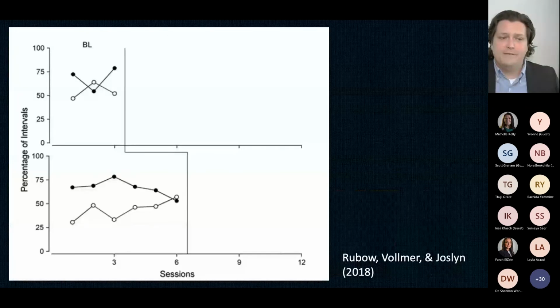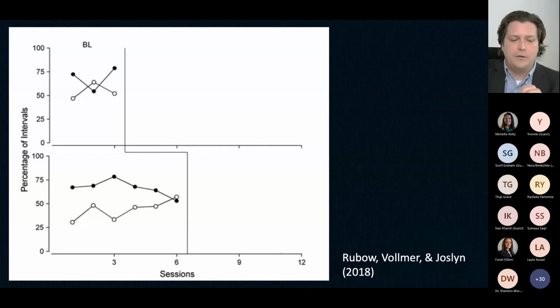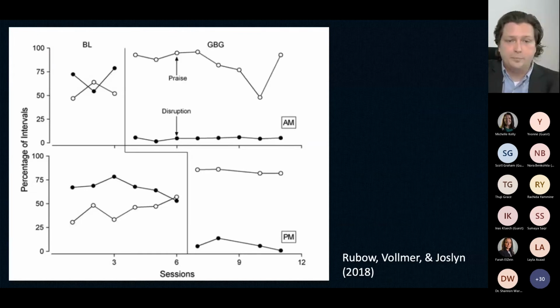And just to show you a little bit of data, so you don't have to take my word for it, the graph that I have up here now shows a study that I conducted with colleagues at the University of Florida, Christopher Roubeau and Tim Ballmer. And so here we have in baseline, the black dots represent student disruption, and the white dots represent teacher praise.